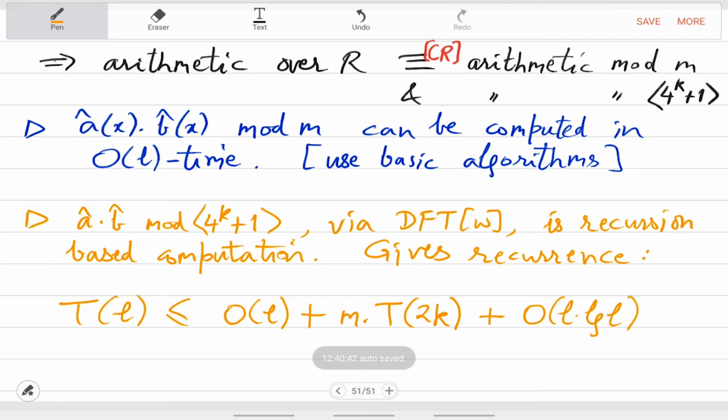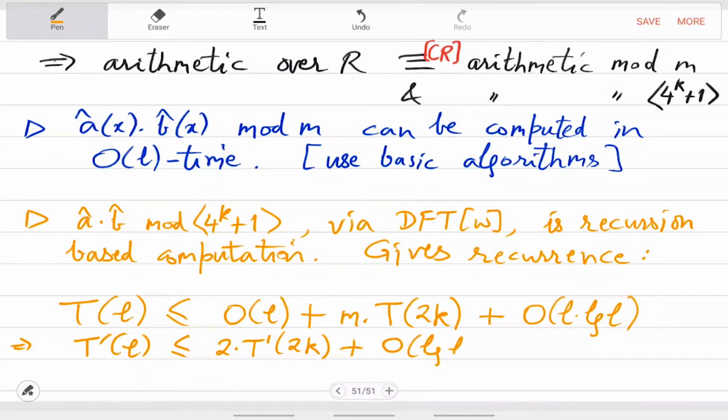We can divide both sides by L. So that will give us, let us call T of L by L T prime. So T prime L is at most, L is 2k, so this will become 2 times T prime 2k plus order log L.